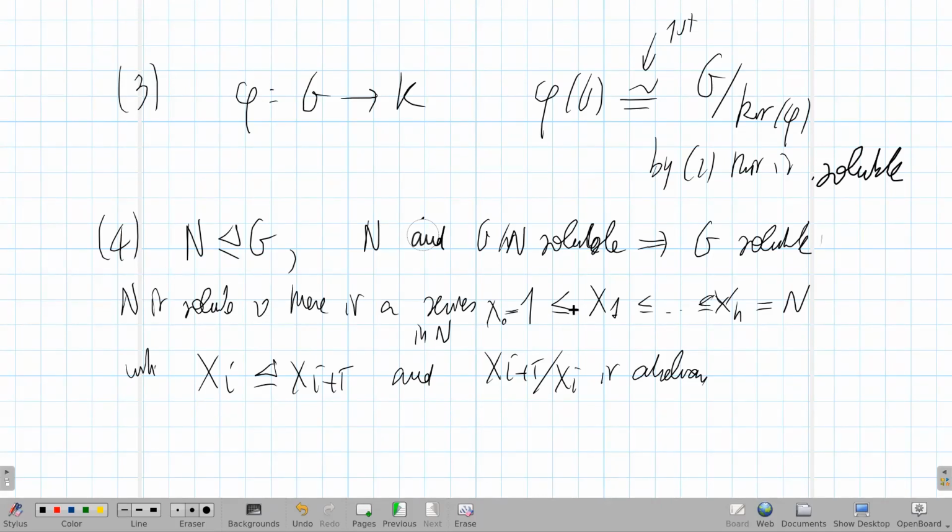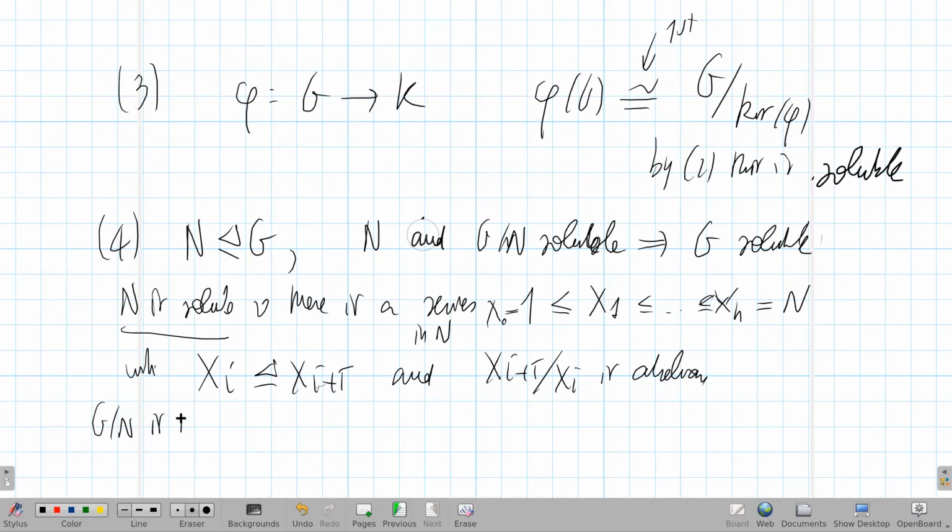If these subgroups are normal in N, they need not be normal in G, okay? Whereas if I just insist on each of them being normal in the next, there is no problem. Okay, so N is soluble, that's dealt with.